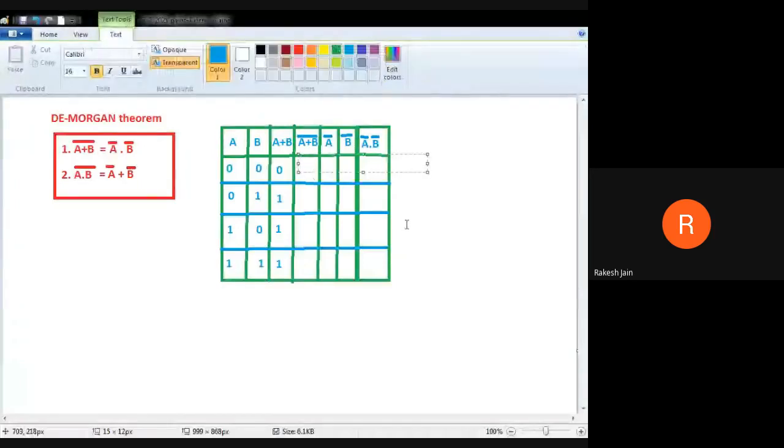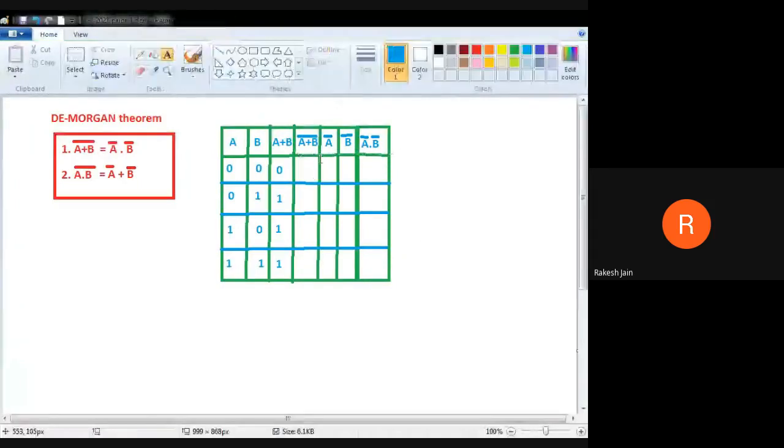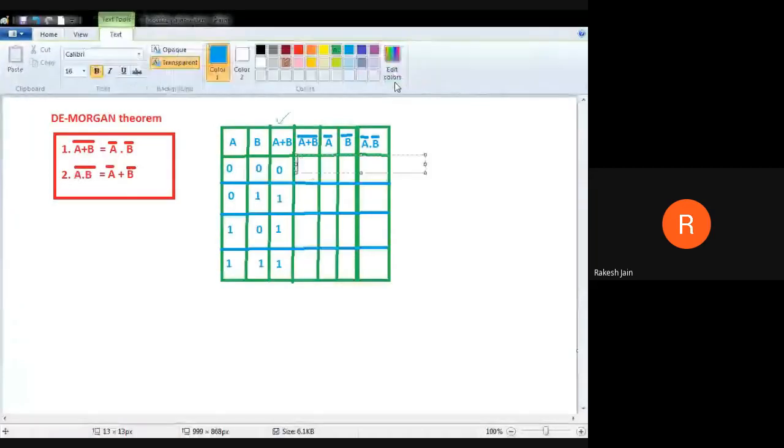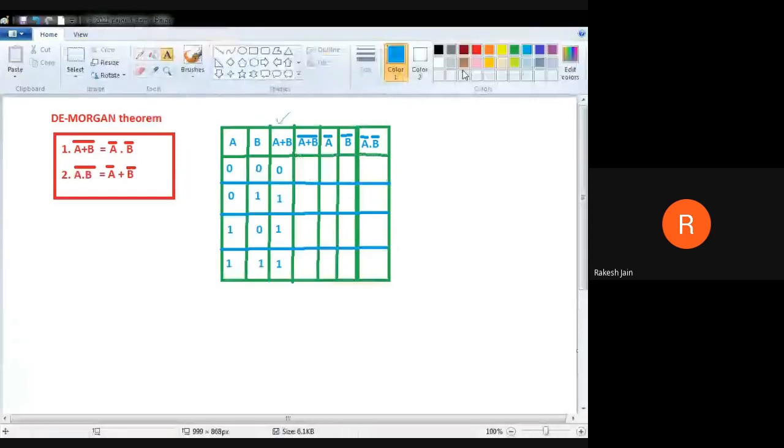Now what do we want? A plus B having a bar. A plus B bar means the complement of A plus B, the complement of the OR operation of A plus B. This one is my A plus B. So what is A plus B bar? Just the complement of this.